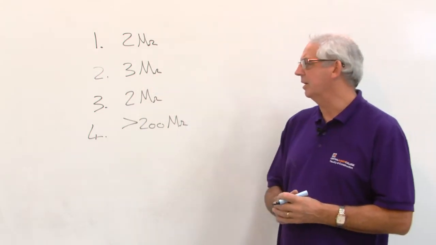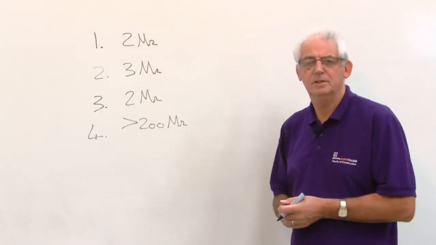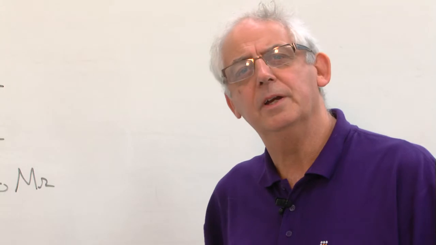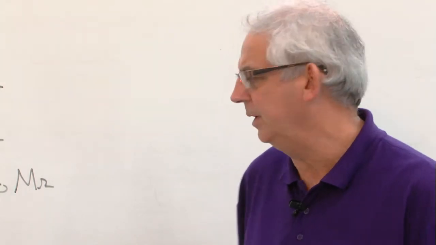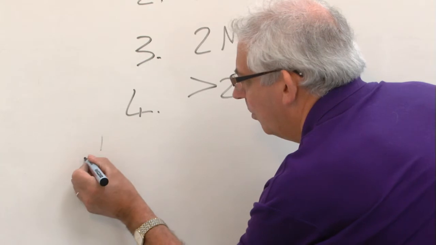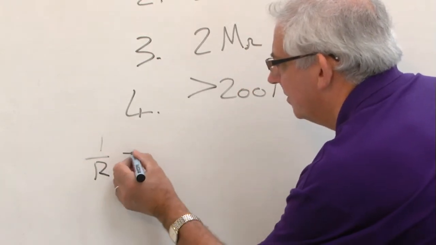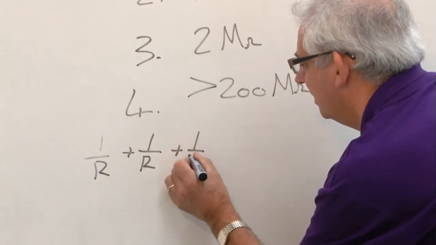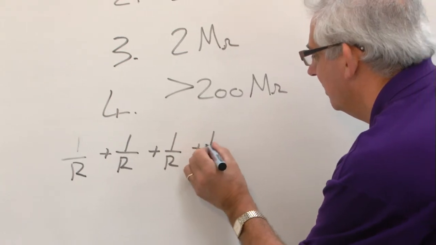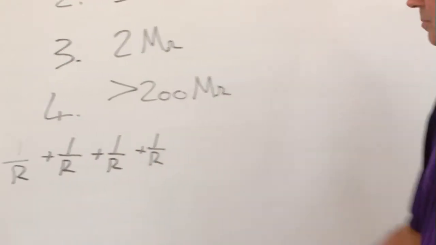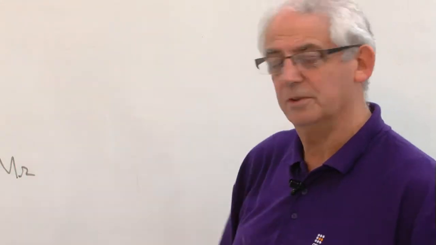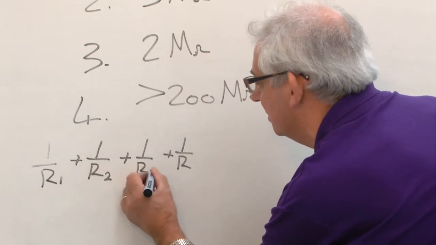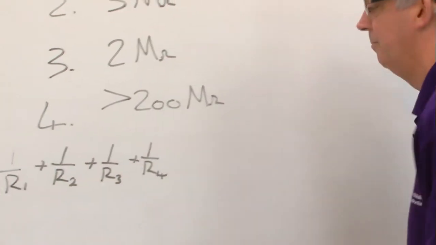We need to carry out a calculation now to see whether that total insulation resistance value is going to be below 1 megohm. The formula we use for working out this type of question would be 1 over R plus 1 over R plus 1 over R plus 1 over R. Now, because we've only got 4 circuits, we've not too much of a problem, but if you want to make sure you get them all, you can number these R1, R2, R3, R4.